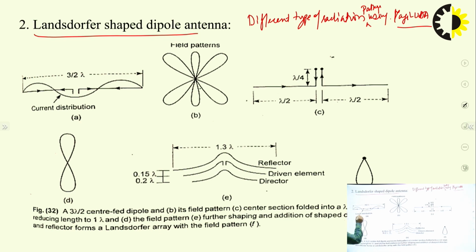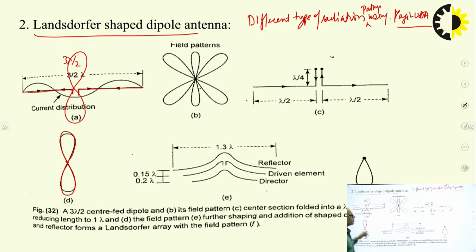Let's say this is a folded dipole antenna whose length is equal to 3 lambda by 2, which is greater than the half wave dipole. So the radiation pattern of this dipole antenna will be like this one, in the shape of 8. Clear? So means the radiation will take place like this.